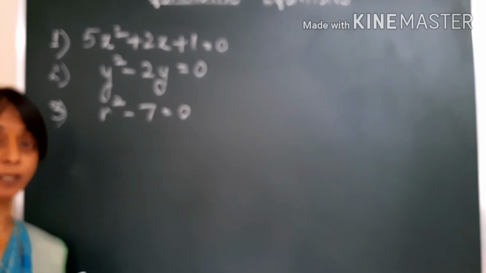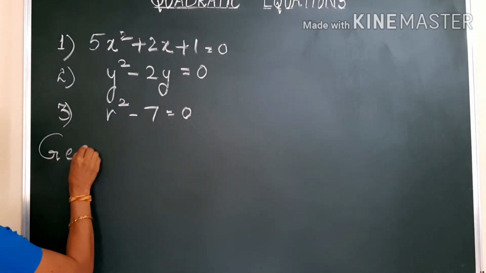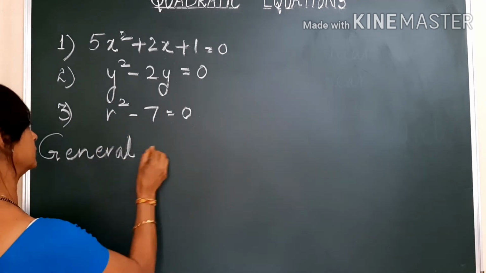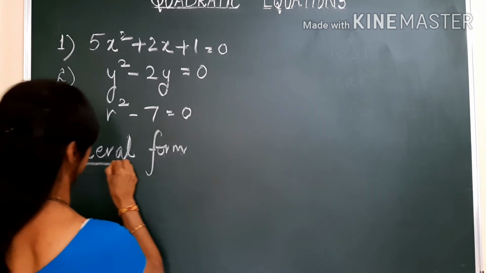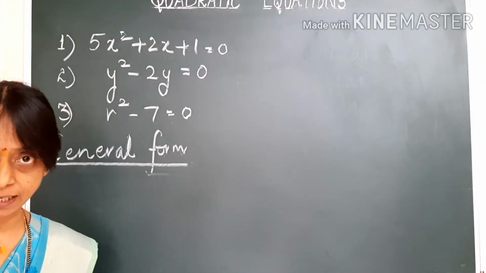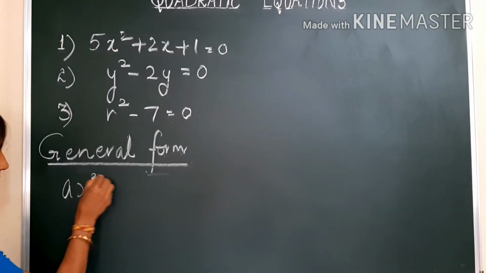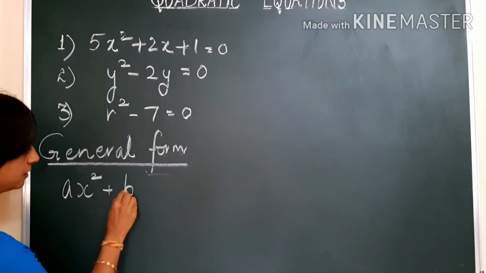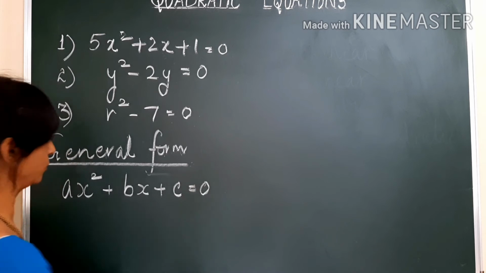So let's form a generalization of how a quadratic equation can be written. The general form of a quadratic equation can be summarized and written as ax squared plus bx plus c is equal to 0.